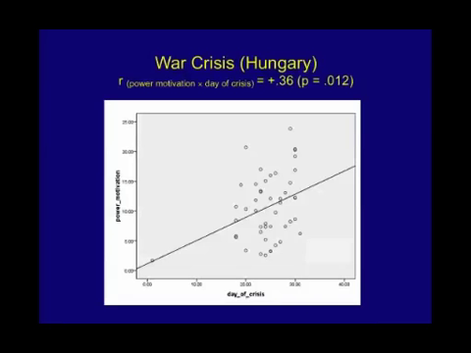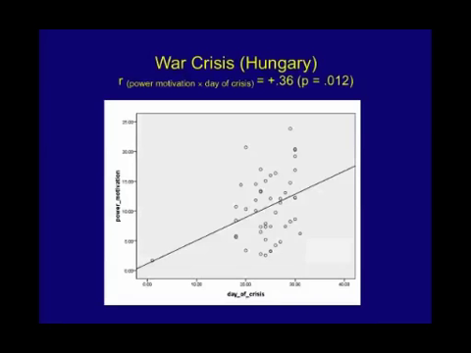Here's the war crisis, the crisis that escalated to war in Hungary. Each circle represents one document from this crisis. Its vertical location is its power motivation score. Its horizontal location is the day of the crisis from which that document comes.